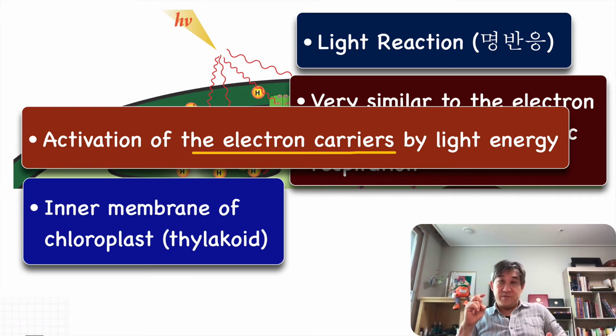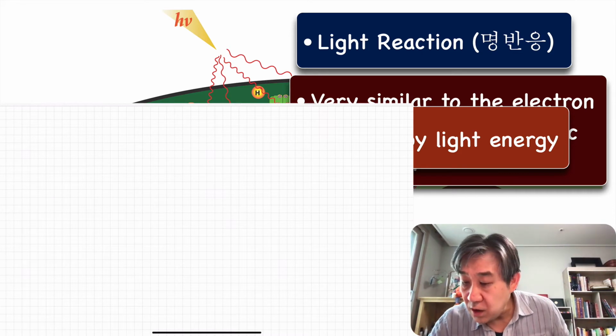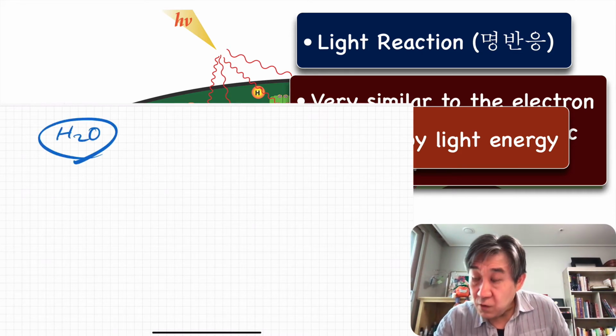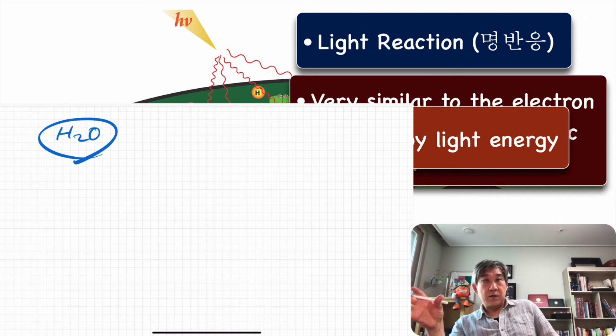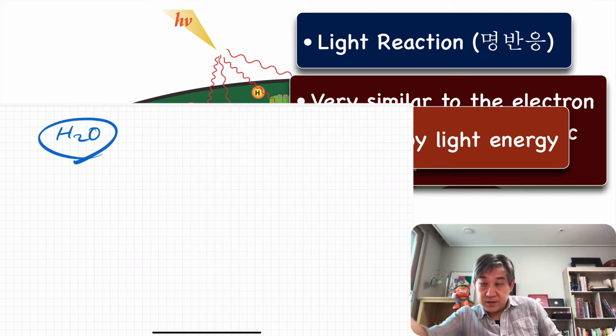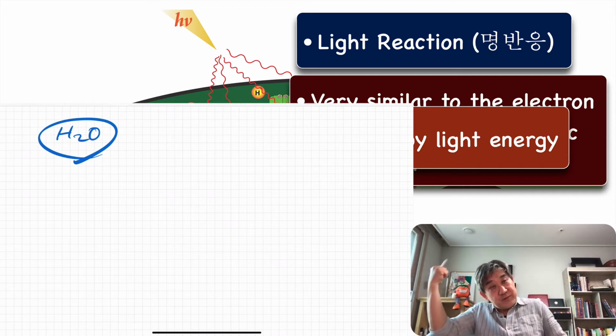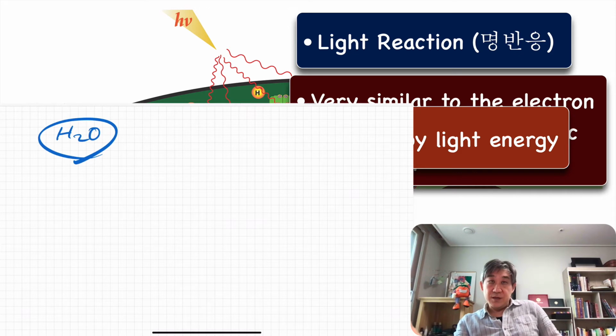Another thing is, who is the one first being oxidized? Here the interesting thing is water is the molecule that is initially oxidized. That means the electrons present in the water are stripped away to initiate this.